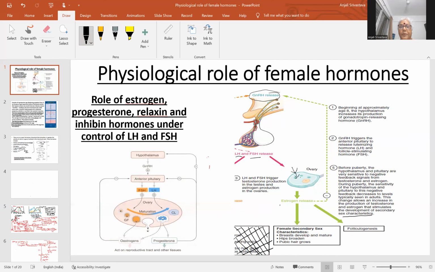So let us, in the previous video also we have seen that by default a female embryo is always produced, but in the development of the fetus, the XY chromosome is responsible for sex determination, and hormonal balance is more responsible for the sex determination in the developed baby or the child.